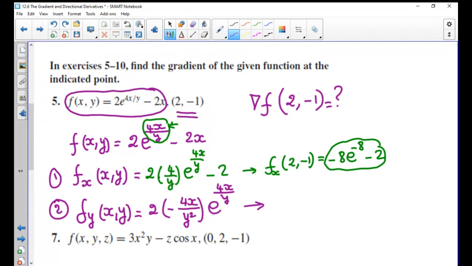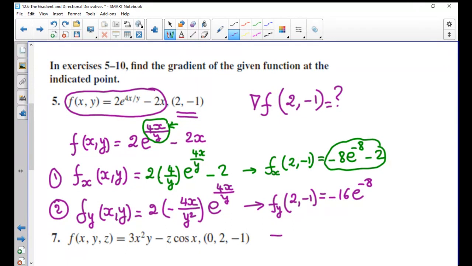The derivative of 2x is 0 with respect to y, so we get fy at 2, minus 1: 4 times 16, minus 16 e to the power of minus 8.